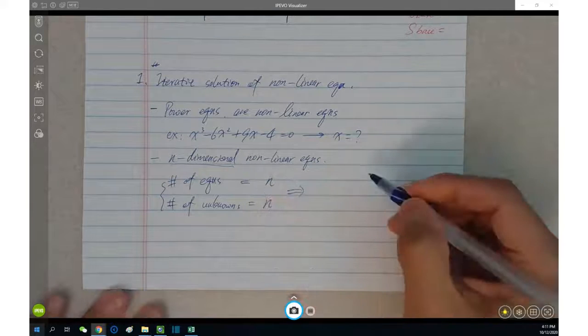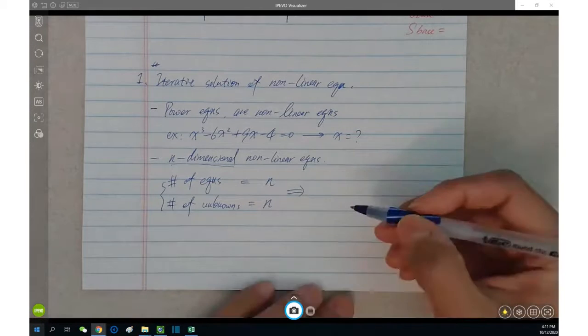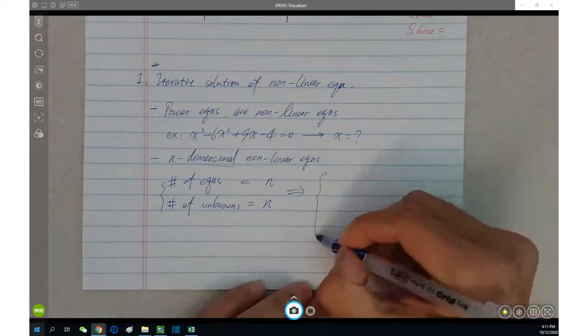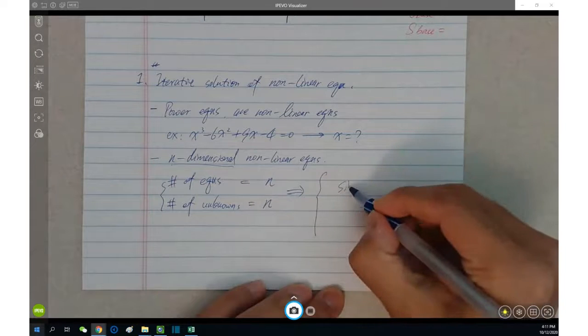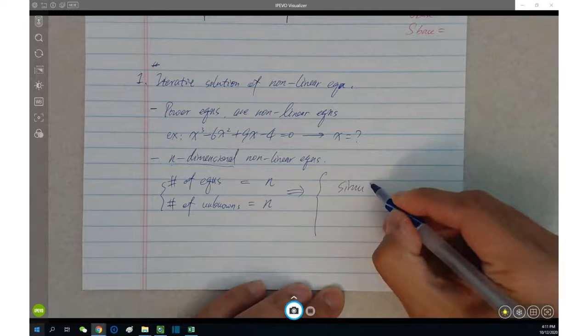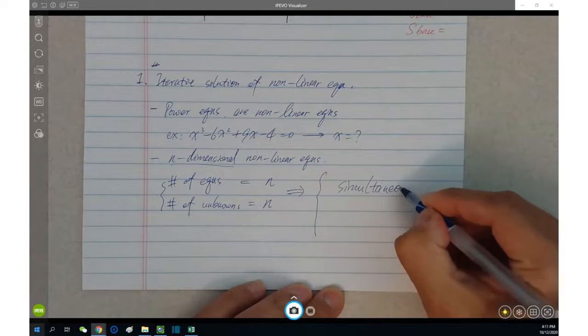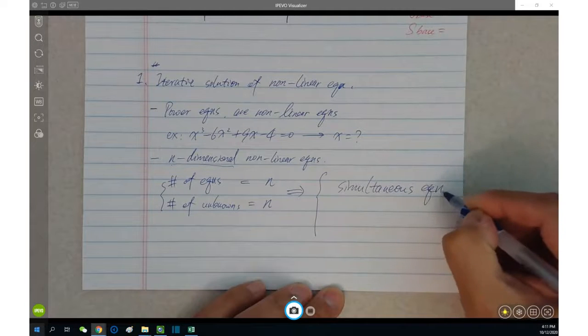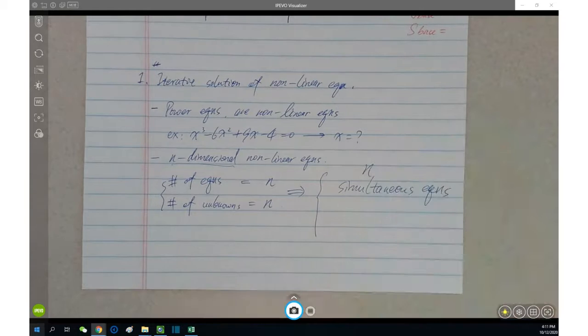In an n-dimensional nonlinear system, what do you see? Simultaneous equations, right? You have up to n simultaneous equations. The first thing is the number of equations.